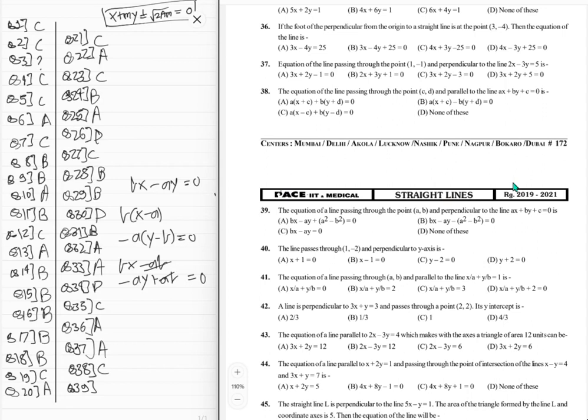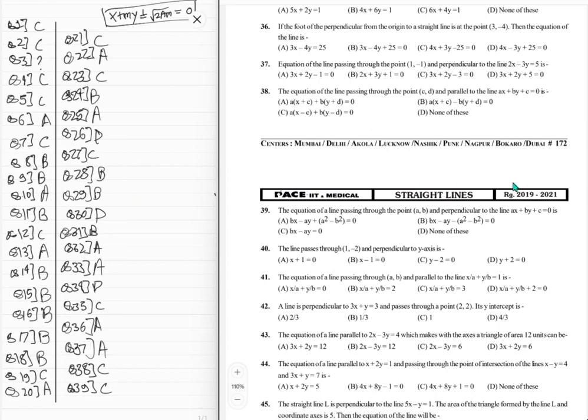I don't know. Should it? It does. It just does. So bx minus ay equal to 0. So 39c. Very weird. Okay, I did it correctly, right?